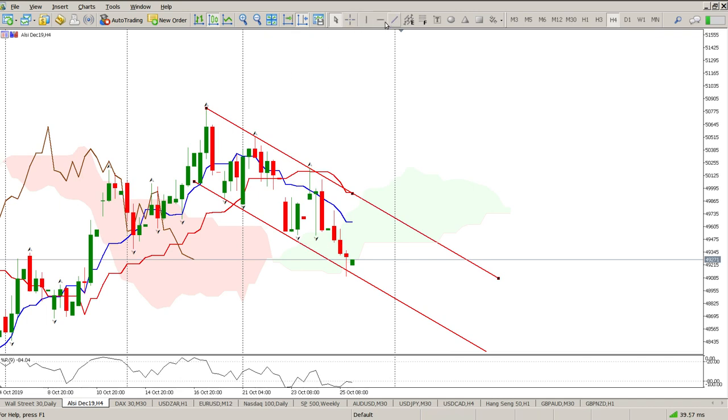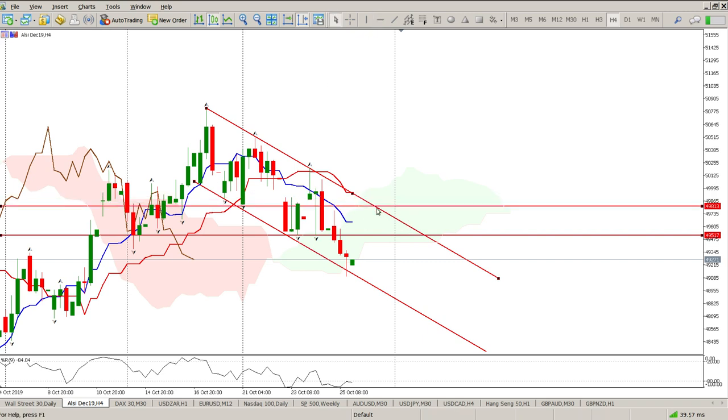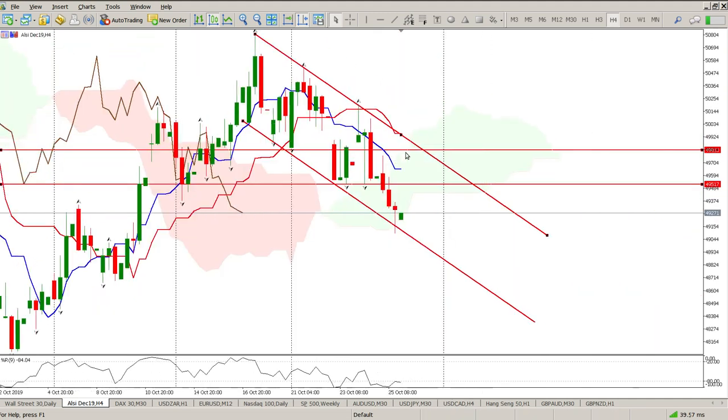Watch out for the levels, because that's where your sellers are going to step in, and then trade it back to the downside. So we break convincingly to the upside or the downside of this channel, that's a trade. So it's long off the bottom, short off the top. Okay, hope it makes sense.